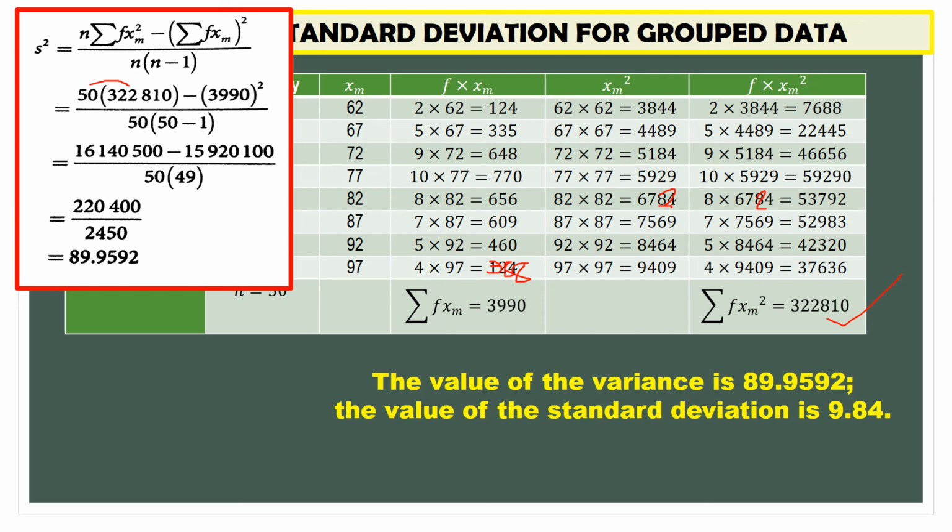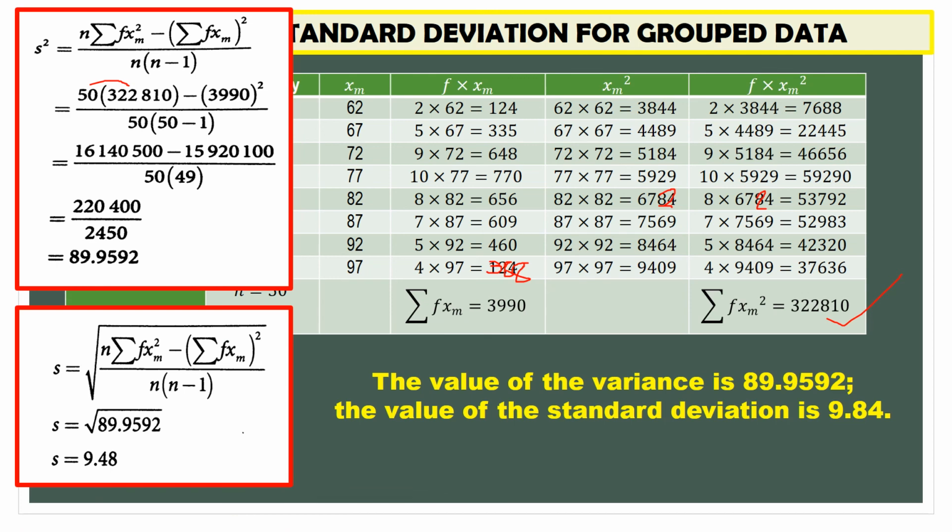Then, 3,990 squared is 15,920,100. Then 50 times 49 is 2,450. 16 million minus 15 million something is 220,400. Divided by 2,450, the value of the variance is 89.9592.